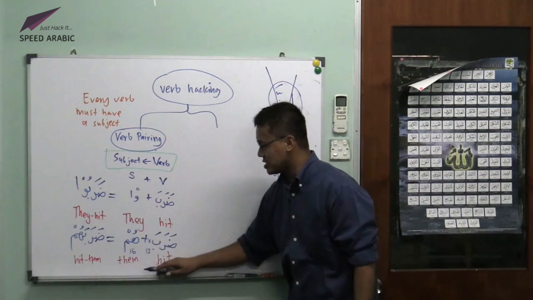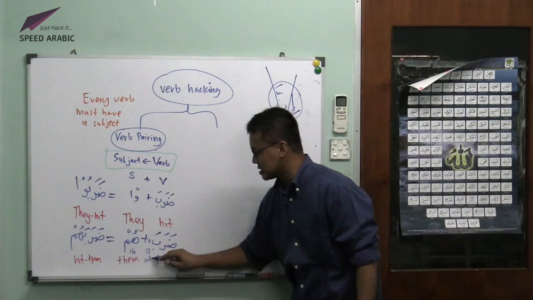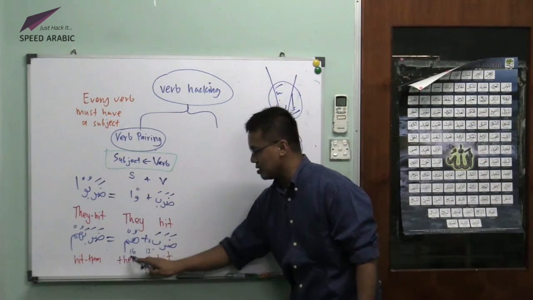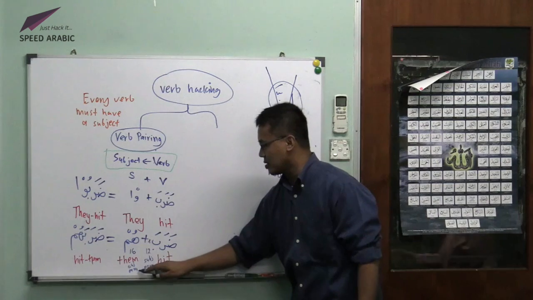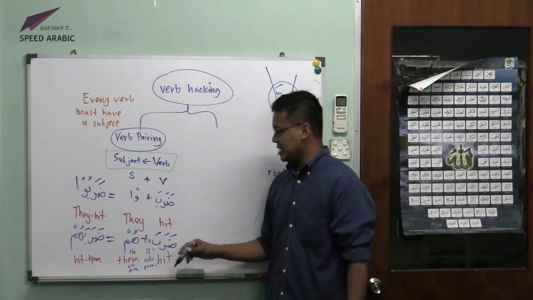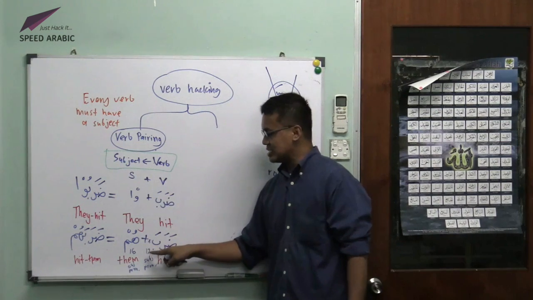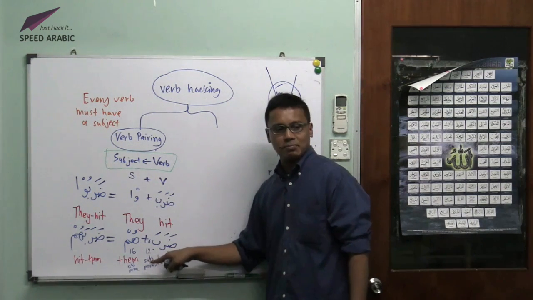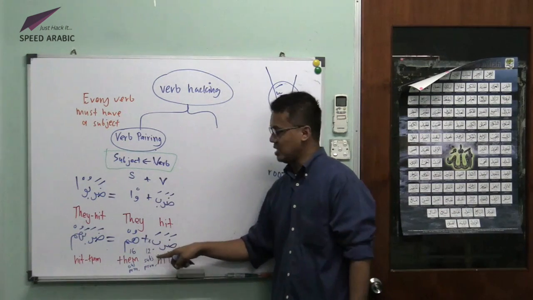This suffix is called subject pronoun. This is called object pronoun. Okay. So when we say that there is no suffix, we mean there is no suffix subject pronoun, which is referring to he.